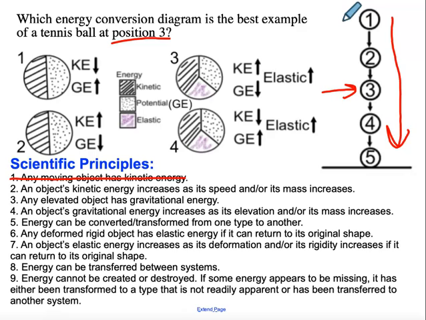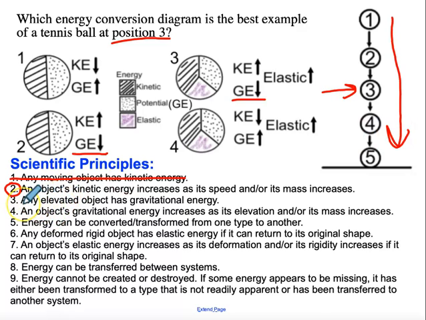So GE is decreasing, and KE is going up. So it's either going to be this one, or this one. This is a good one. Here it says KE is going up, and we know that falling objects increase speed because GE is being converted to KE.